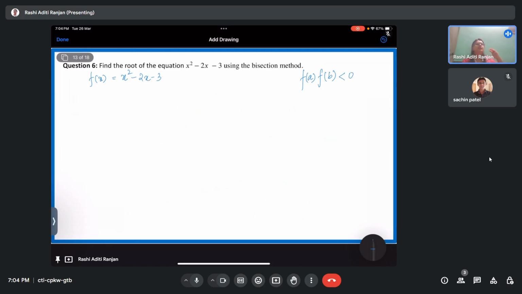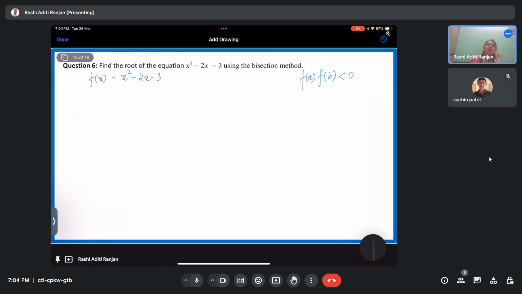One should be positive and the other negative, which means that my function, when it has traveled from a to b, has changed its sign from positive to negative or negative to positive. That means there should exist a point c such that f(c) is equal to 0. And for the iteration, I consider this c as (a+b)/2, the midpoint of a and b. So first I have to find a and b intuitively.